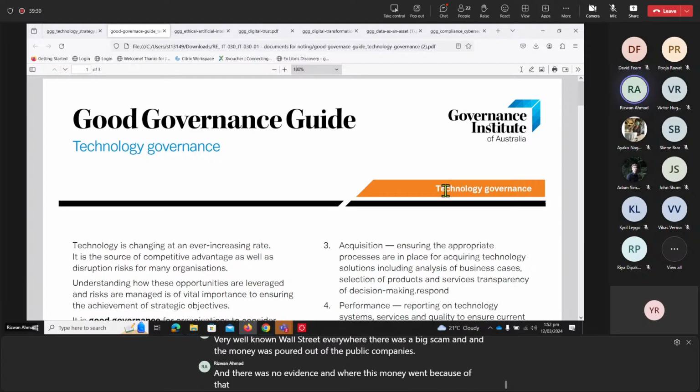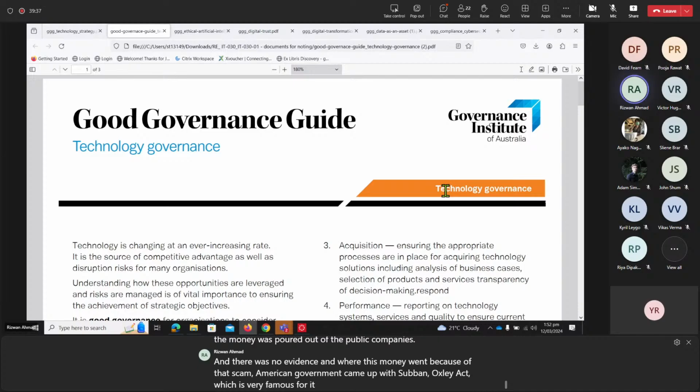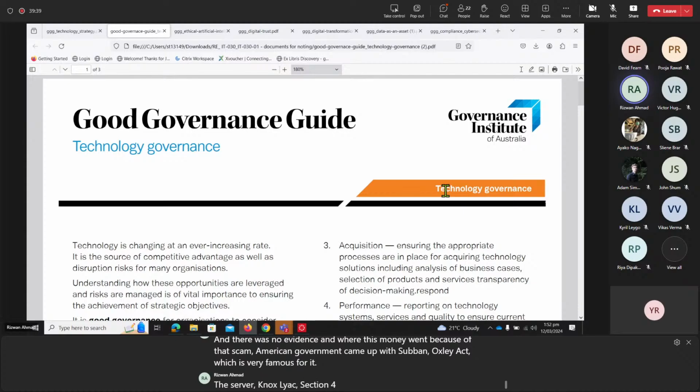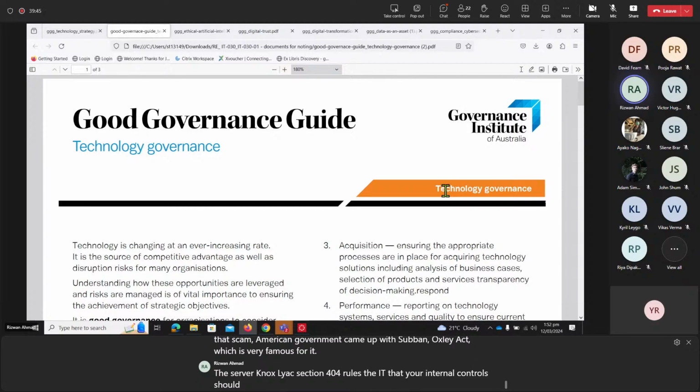Because of that scam, the American government came up with the Sarbanes-Oxley Act, which is very famous. Section 404 of the Sarbanes-Oxley Act requires that your internal controls should be good enough to control the environment.